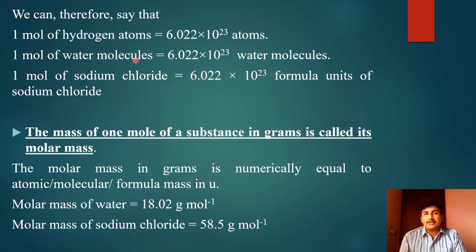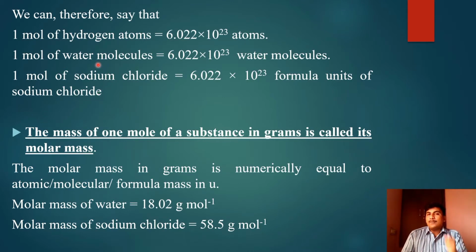1 mole of water molecules is equal to 6.022 into 10 to the power of 23 water molecules, here in terms of molecules. 1 mole of sodium chloride is equal to 6.022 into 10 to the power of 23 formula units of sodium chloride. In terms of formula units we have to say. You studied formula mass, molecular mass, atomic masses, right?